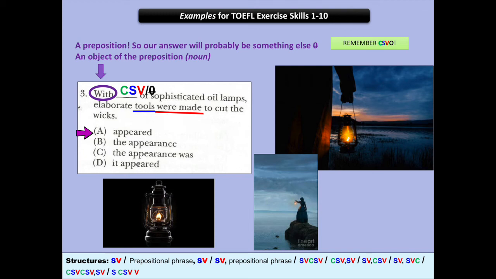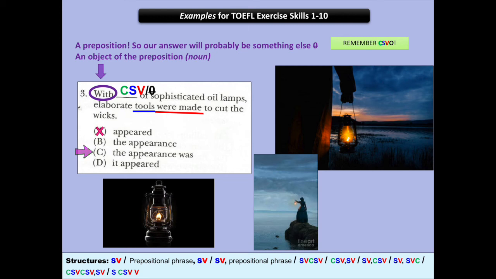This does not have that. Or something different. An adjective is something different. But remember, we have this preposition. So we need a noun to be the object of the preposition. We do not need an adjective.